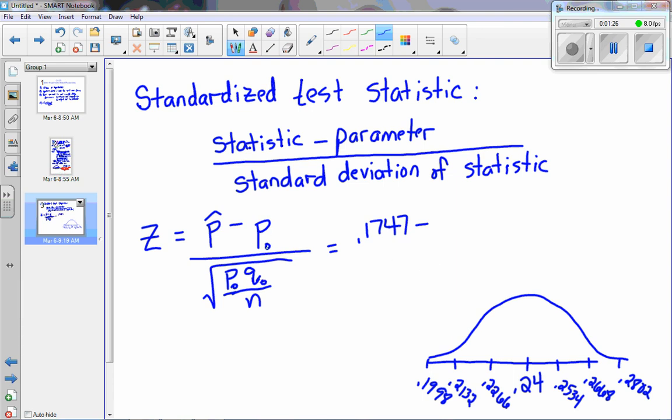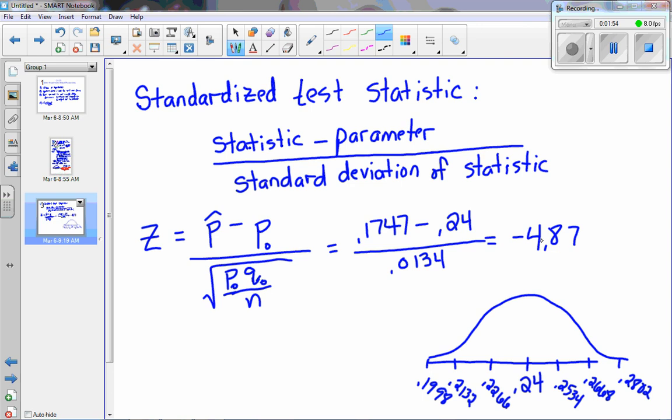So it might help you to remember that if you put p naught, which was 0.24, divided by our standard deviation, which was 0.0134. So we can go ahead and calculate this. And I get a z-score of negative 4.87 if I go 2 decimal places.